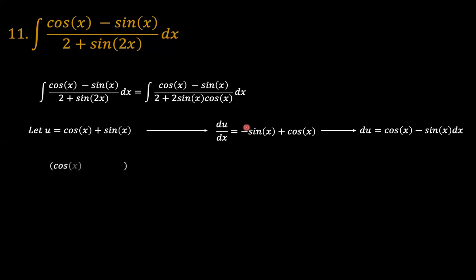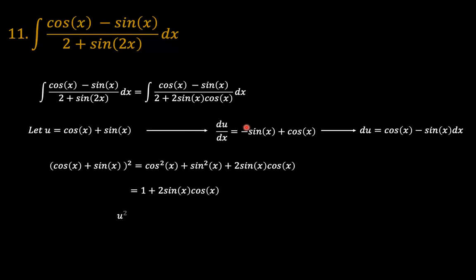And since we also know cosine x plus sine x squared is equal to cosine squared x plus sine squared x plus 2 sine x cosine x, and since cosine squared x plus sine squared x is 1, we have 1 plus 2 sine x cosine x. And then on the left-hand side, we have u squared. So essentially, sine x cosine x is u squared minus 1 over 2.